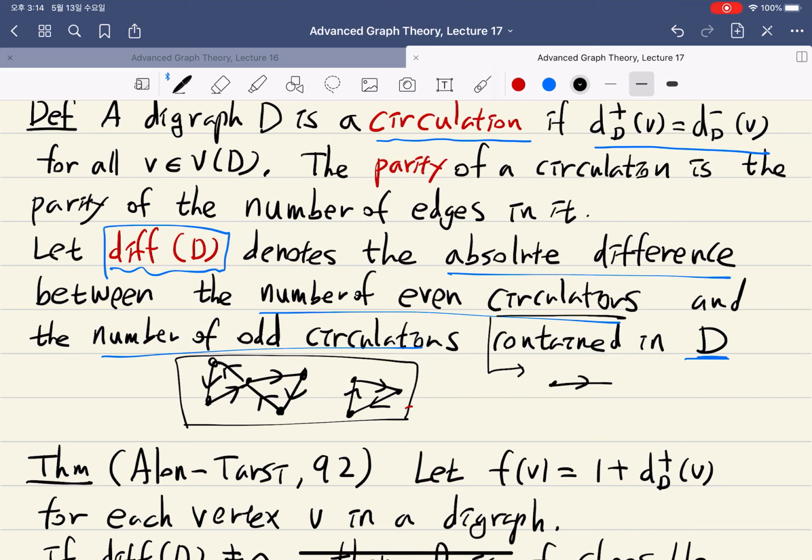So for example, in D, if we consider these 3 edges, then that's one odd circulation, which is contained in D. But if we take this one vertex and these 3 vertices and these edges, then that's again an odd circulation, but we consider those two the same, because as a set of edges, they are the same circulation. So we consider this as a set of edges.